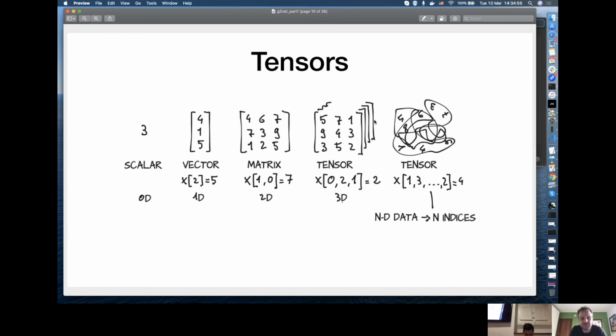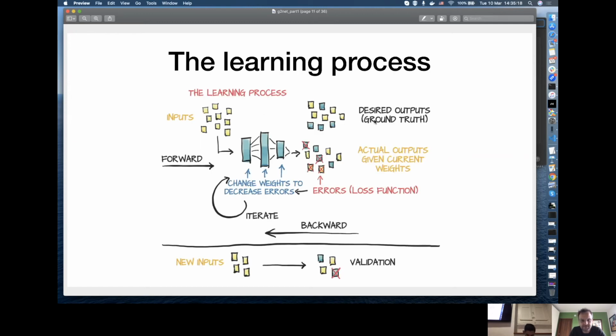They're just a generalization of a matrix. This is a bit of a misnomer, but it has permeated the practitioner community, so that's what we have to live with. In general, the data structures that you deal with in deep learning are multidimensional arrays.